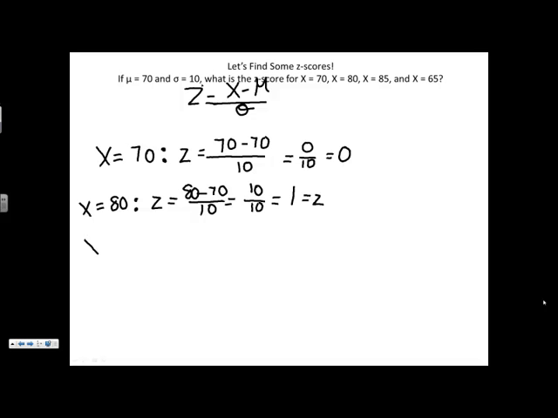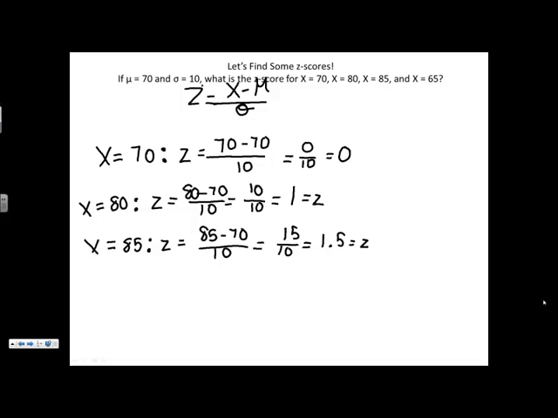The next one, when we have an x of 85. So z equals 85 minus 70 divided by 10. 85 minus 70 is 15. Divide that by 10, and we get 1.5 as our z-score.